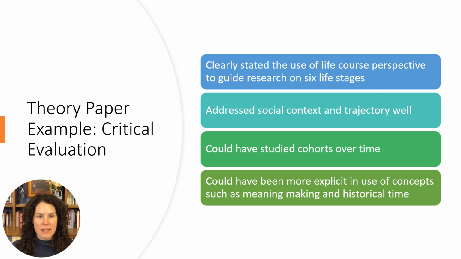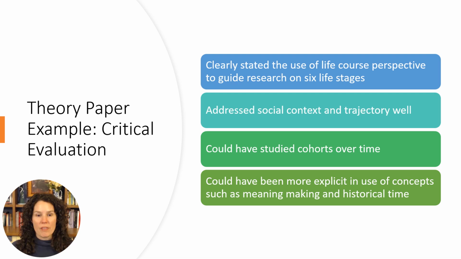And so maybe I say, yeah, they were very clear about using life course perspective to guide their research on these 6 life stages. And they, in addition to addressing the concepts of stage, they also talked about social context and trajectory. But one thing that they could have done is they could have made this a longitudinal study and studied cohorts, this other concept in life course perspective, over time.